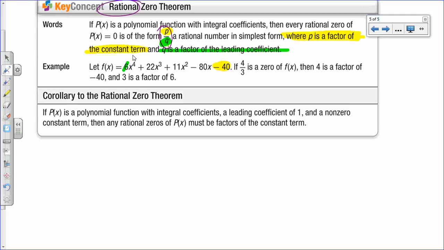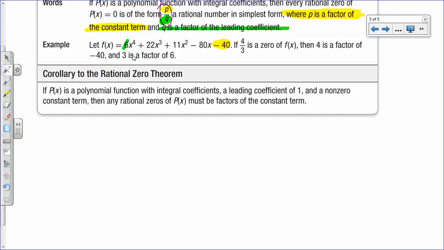So we're going to take the factors of the constant term, which is negative 40. What are those factors, guys? 1, 2, 4, 5, 8.